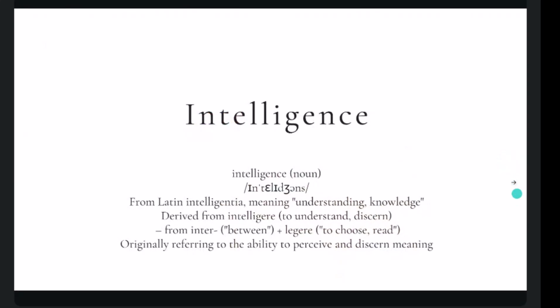So we are all language people, I assume. I know Veronica and Lorraine are. This talk is about intelligence, and intelligence comes from the Latin word that means understanding and discerning, or paying attention to differences.